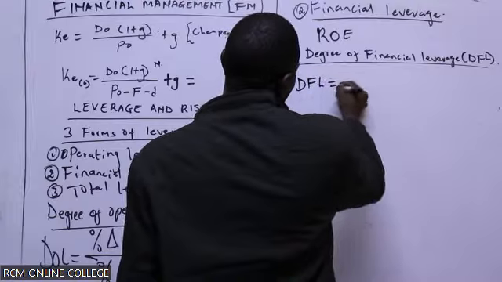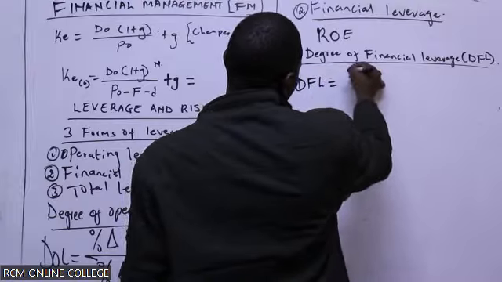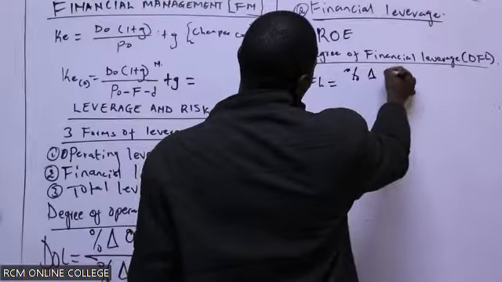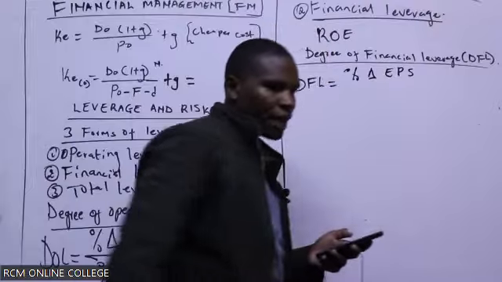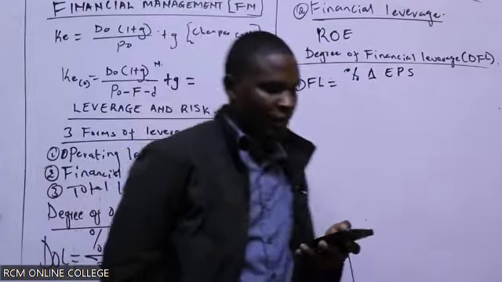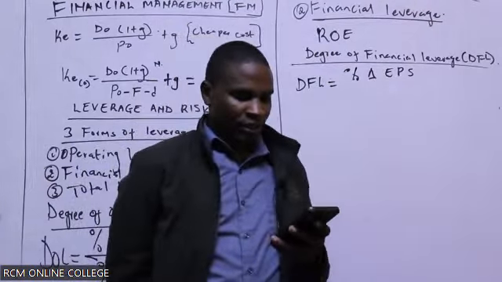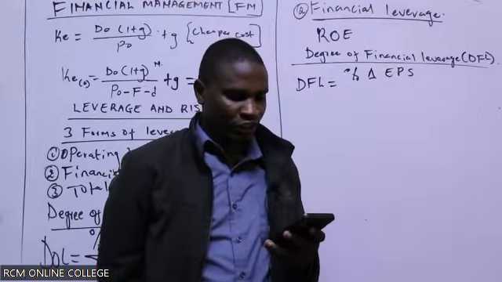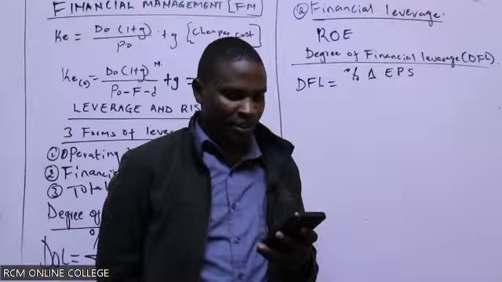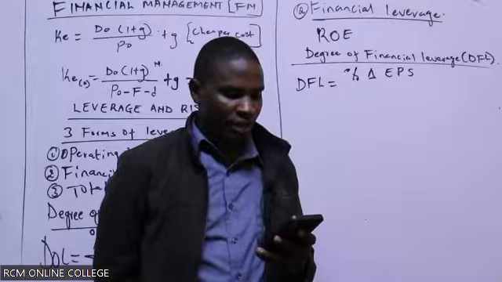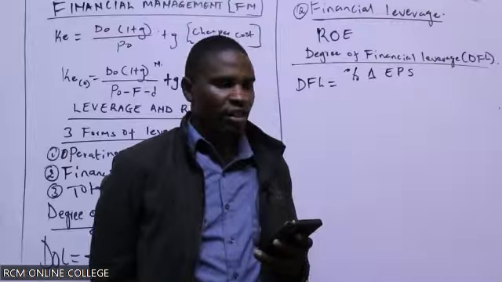DFL is equal to percentage change in earning per share, divided by the percentage change in earning before interest and tax.